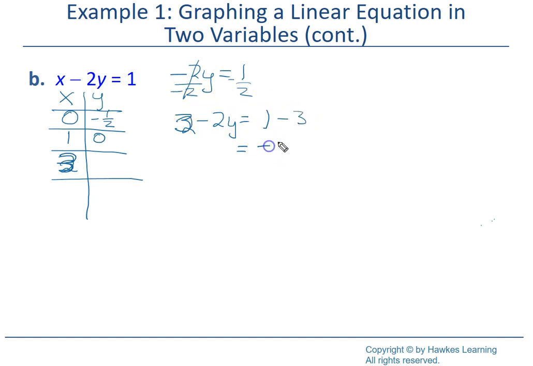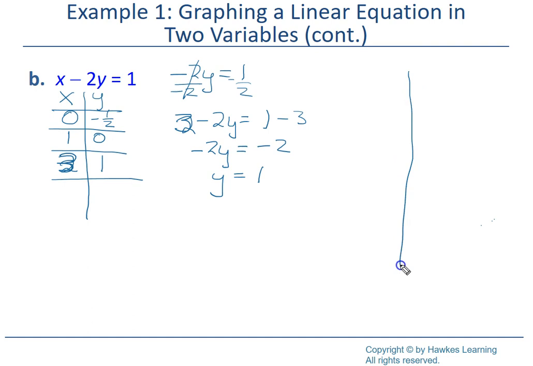So this is going to become a negative 2. So negative 2y equals a negative 2. So now y is going to equal a 1. So if I had left it as a 2, I was going to get a fraction here. And fractions are rather hard to graph.